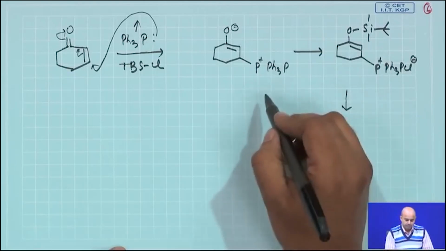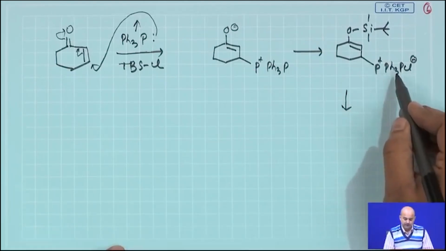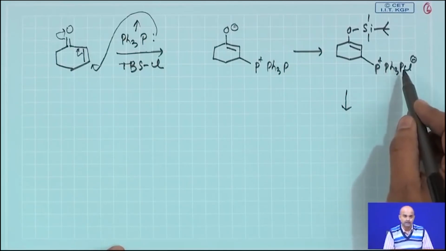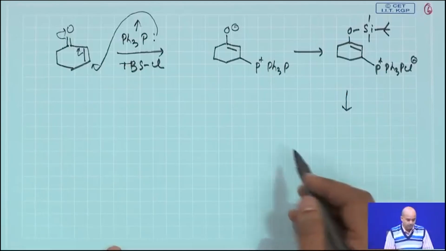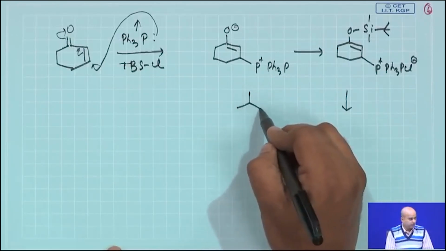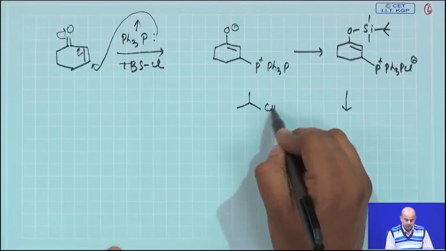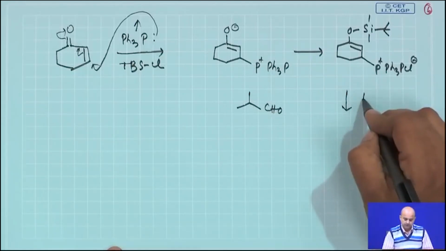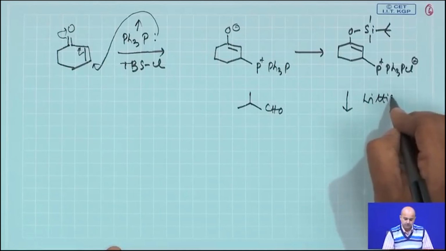Now we are saying that we will introduce this compound as a Wittig salt and react it with an aldehyde. Now, what functional group do you require at this point? You need an isobutyl group. So, we will be using this particular aldehyde, isobutyraldehyde, for this Wittig transformation.